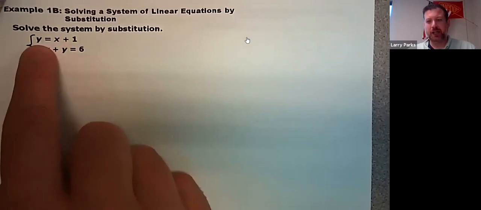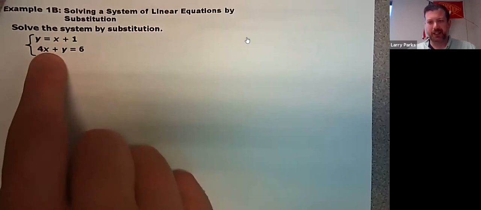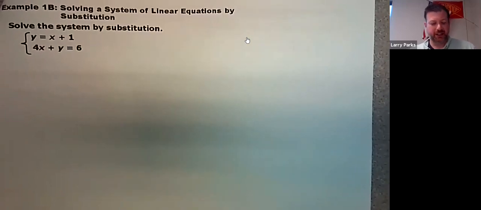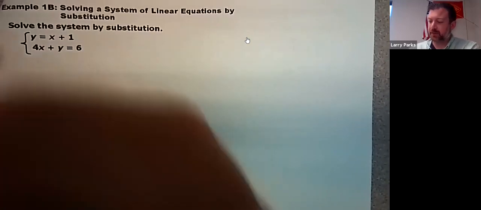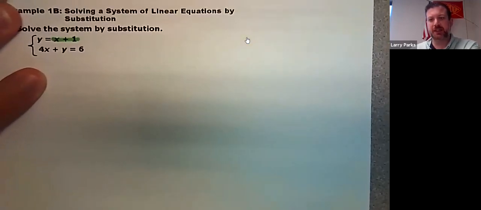I would say that y is isolated. Here, x and y are together, so I would say that they are not isolated. The steps, and you'll find those in the notes, is you want to take the one that's isolated, which would be this one. And so that's y is x plus 1.